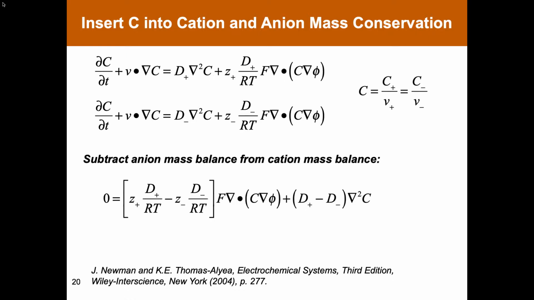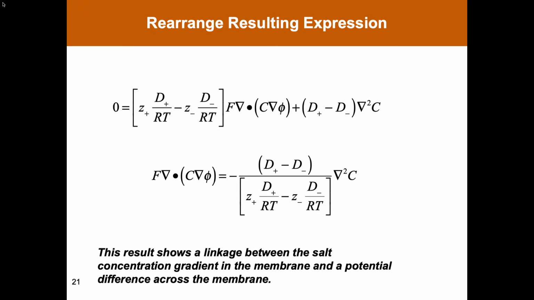Now, working with these revised equations that again express the transport of cations and anions in the solution or in the membrane, we can subtract the anion balance from the cation mass balance. Nothing prevents us from doing that. And we get the equation that's shown here, and I'll rewrite it on the next slide.